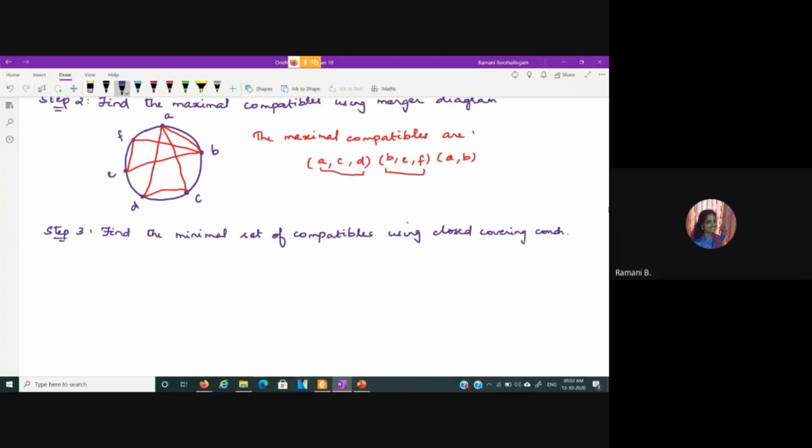So here the thing is, we write the compatible pairs and the implied states.